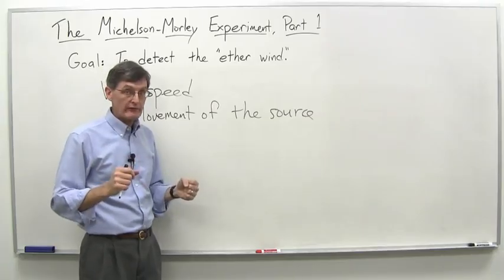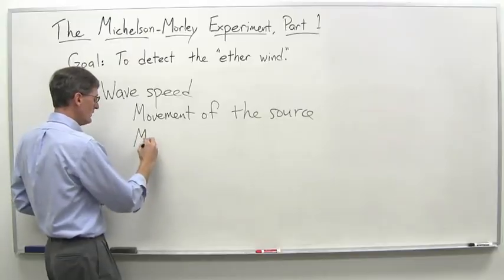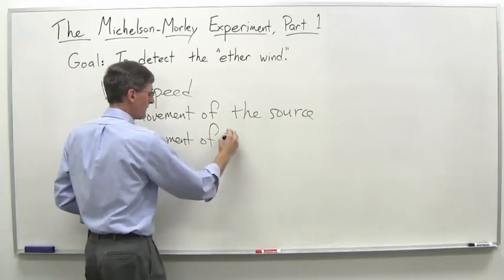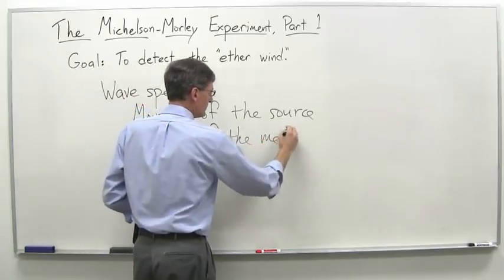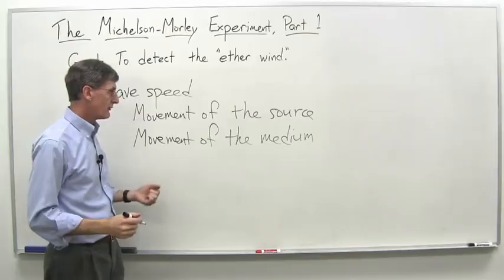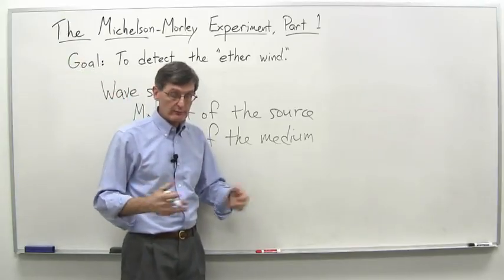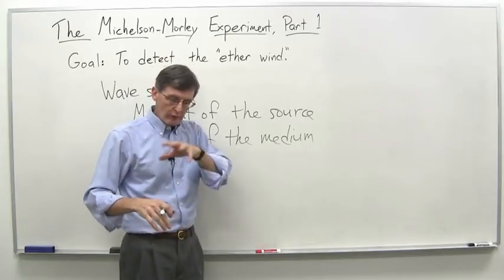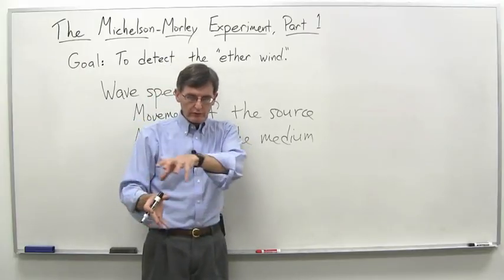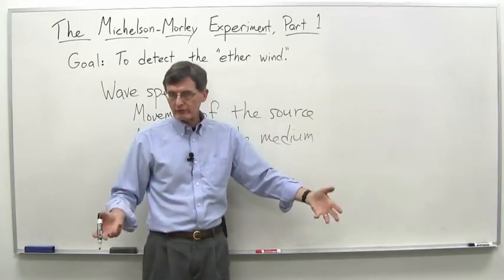But what does affect the velocity of the waves, at least in principle, is the movement of the medium. The movement of the medium does affect the velocity of the waves. And again, the water examples we used, remember, were such that if you have a wave traveling through water, say in a still pond, and you're the observer, you're measuring the speed of the wave traveling across the water, you get some value.